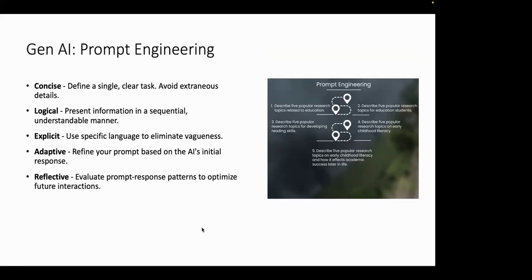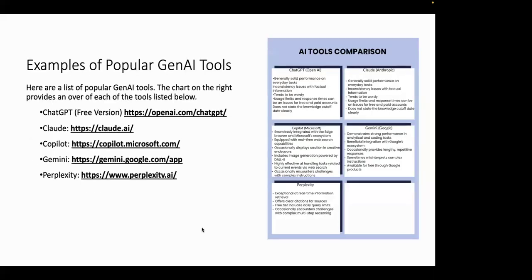For this example: describe 5 popular research topics on early childhood literacy and how it affects academic success later in life. If you compare question or input 5 to 1, you can see how it has gotten more explicit and direct in the prompting, so the students can actually get what they want from the Gen AI tool they choose.